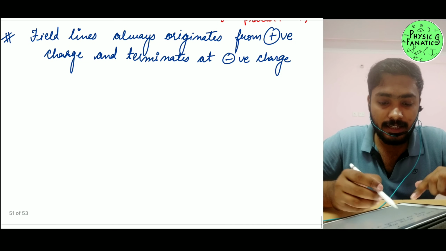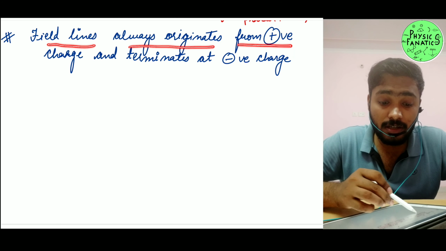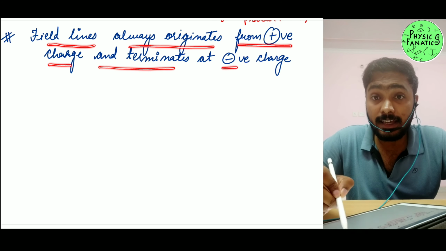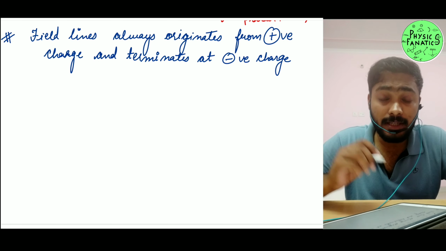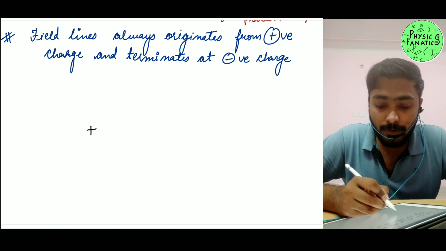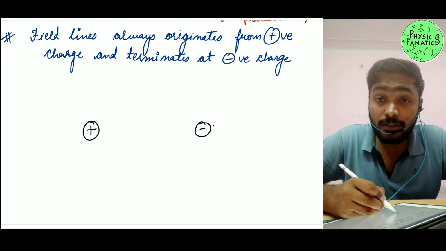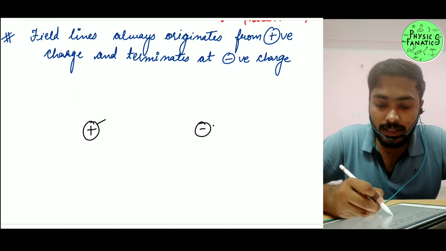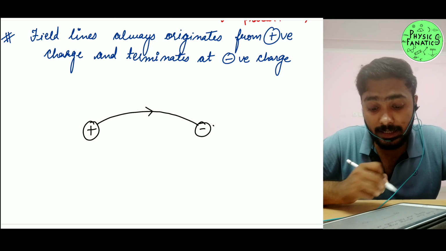The next property says that field lines always originate from a positive charge and terminate at a negative charge. Now what does that mean? It means that if you have a positive charge and a negative charge, your electric field lines originate from the positive charge and terminate at the negative charge.